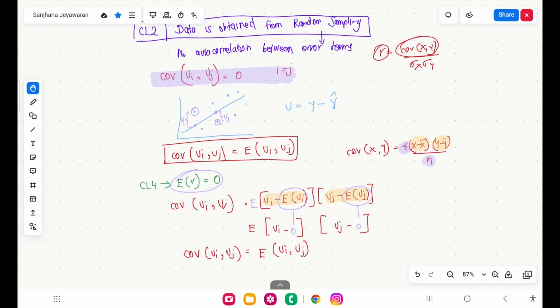Actually, no. We can use these terms interchangeably. When we say that the covariance of ui and uj is equal to 0, or the expectation of them is equal to 0, we are referring to it as no autocorrelation between the error terms.